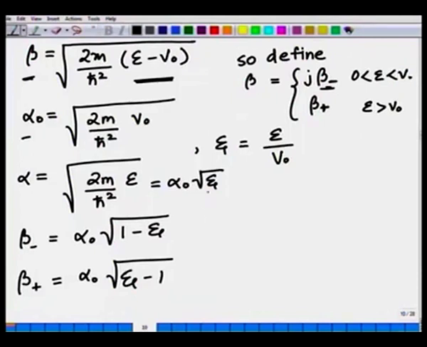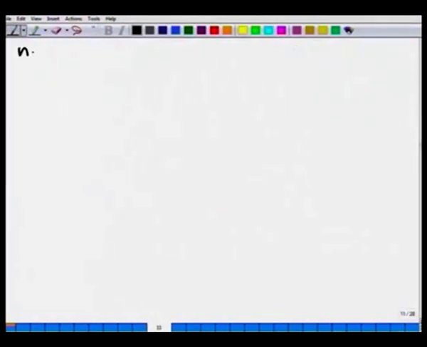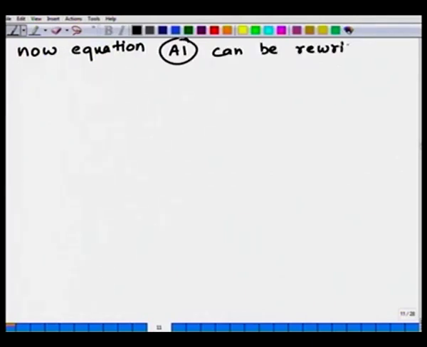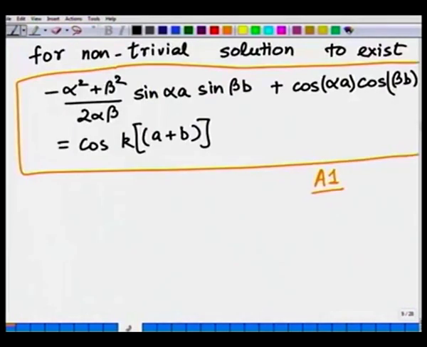I am now going to use these quantities alpha naught, zeta, beta minus and beta plus, and reduce this equation. So now the condition that a solution exists can be rewritten as 1 minus 2. This algebra you can try on your own if you want to, but what is important is that this is a condition which we obtained from the solution of the Schrodinger equation.